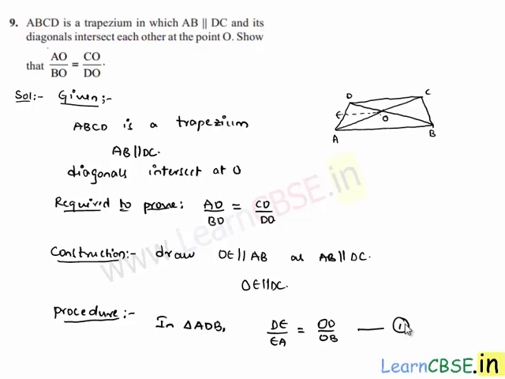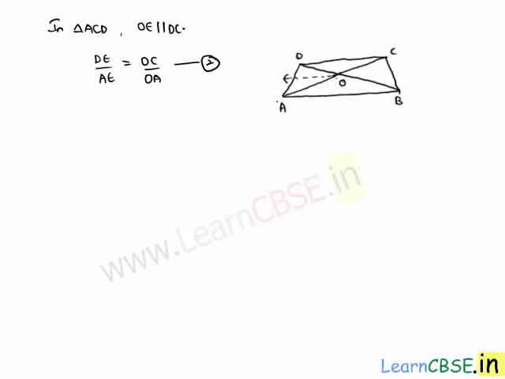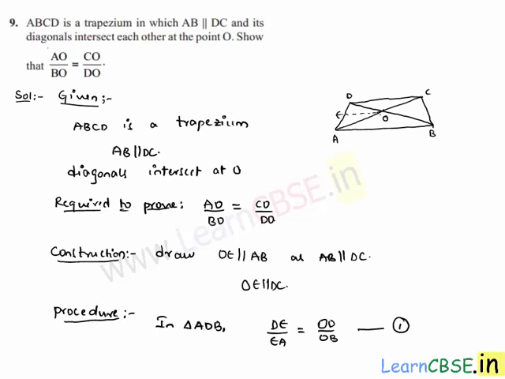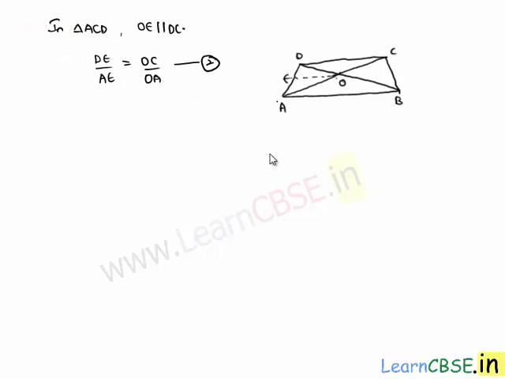Now if we observe equations 1 and 2, on the left hand side DE by AE is common. So we can equate the right hand side, that is OD by OB is equal to OC by OA, which implies, sending OA to this side, OA by OB is equal to OC by OD.